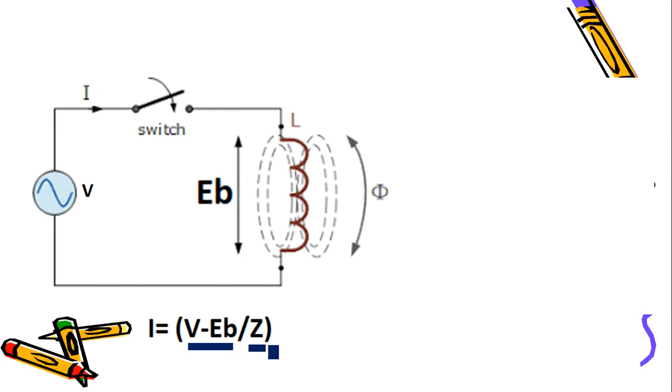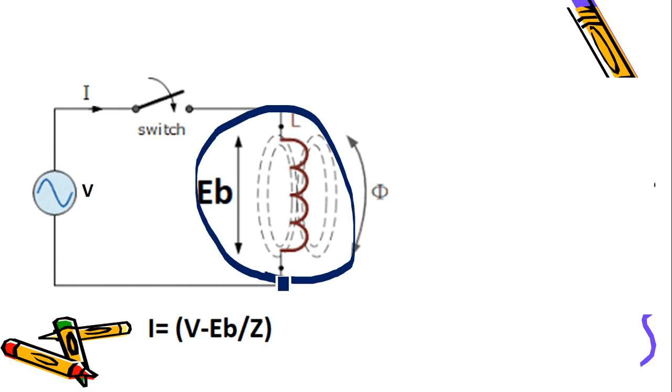Here impedance can simply be XL or square root of R square plus XL square. Anyway, we are more interested in this particular item, V minus EB, which will be the circuit voltage here. So this is concerned with a single coil supplied with AC voltage.